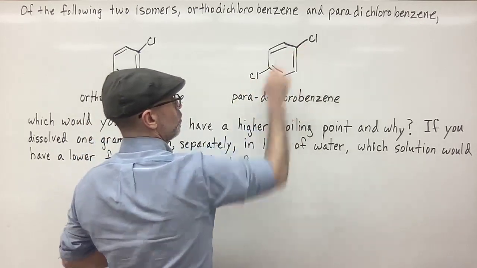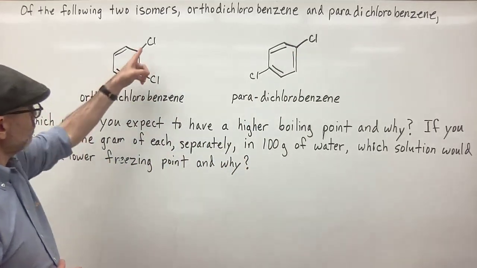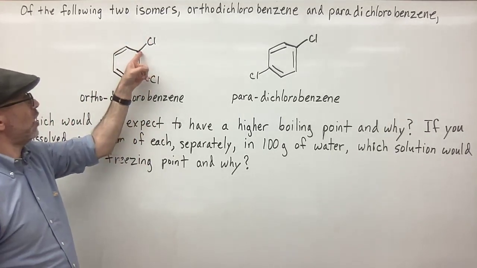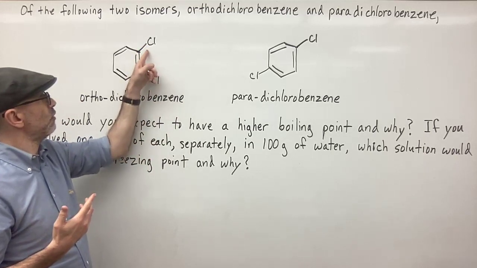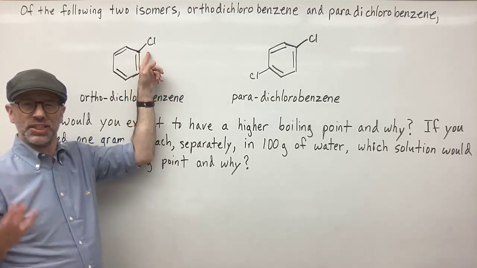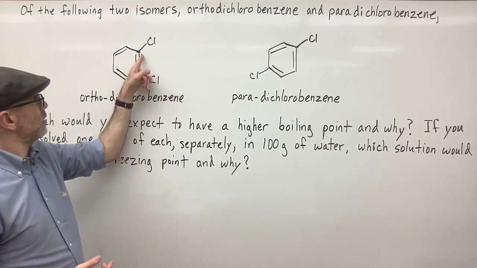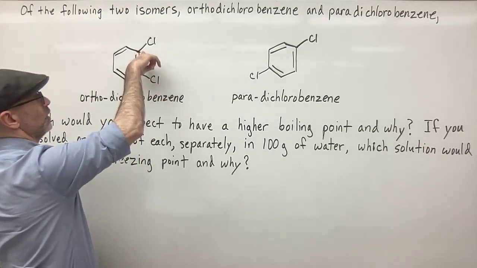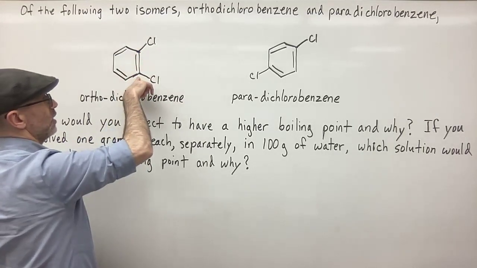So we call this the one. If we number our carbons, one is always going to be where one of your substituents is bonded to the benzene ring. So we would label this one, or maybe this one, and we would work this way.